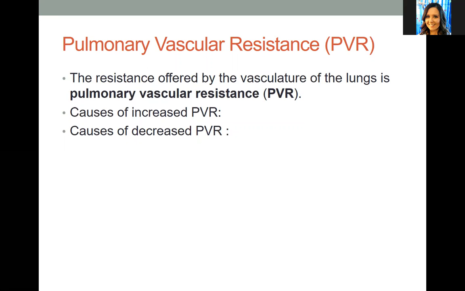Some things that can increase our pulmonary vascular resistance could be a client who has pulmonary hypertension, maybe COPD. Things that would decrease our pulmonary vascular resistance could be medications like Viagra that actually dilate the pulmonary vessels. Could even be nitric oxide.